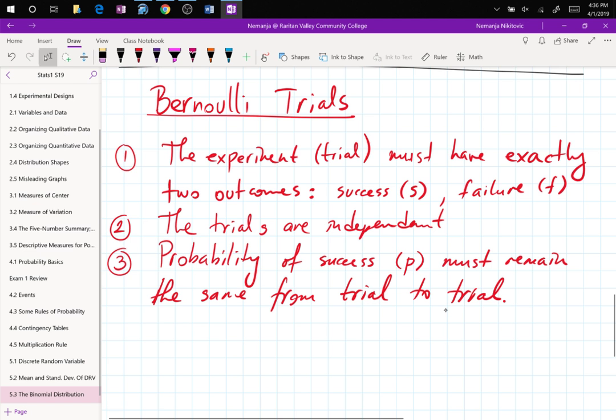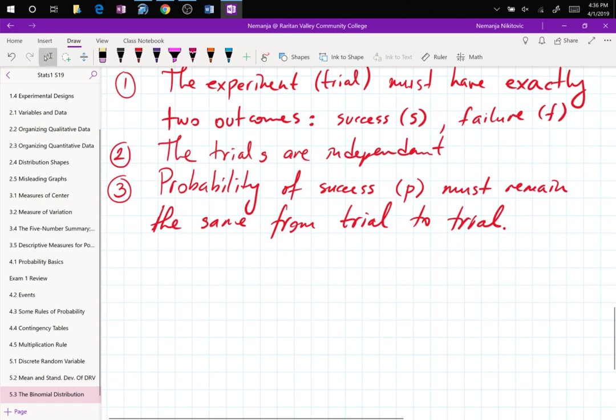So this is some really cool stuff. Let's take a problem and try to understand.